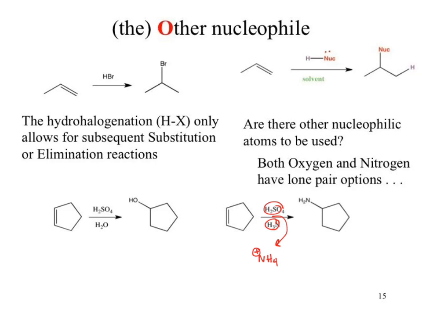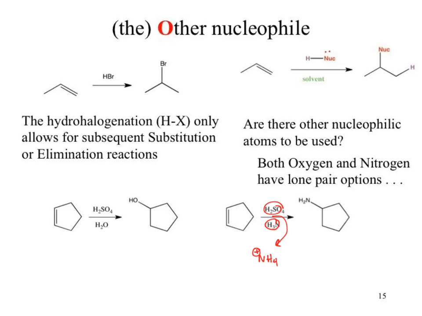Let's say I still add an excess of acid, so the acid still somehow comes in and activates this, and I have my carbocation. Do I have a nucleophile? No. We can't use our amine in acids to generate this addition reaction.